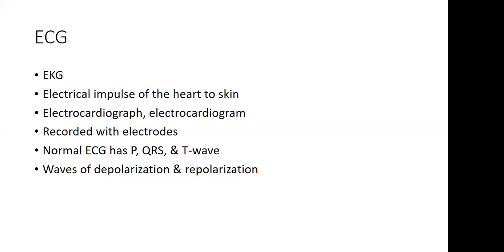Sometimes after the T wave, there is a U wave as well, but that's not your concern, at least at this point. These are actually waves of depolarization and repolarization. Now, by now, you also know what is depolarization and what is repolarization.